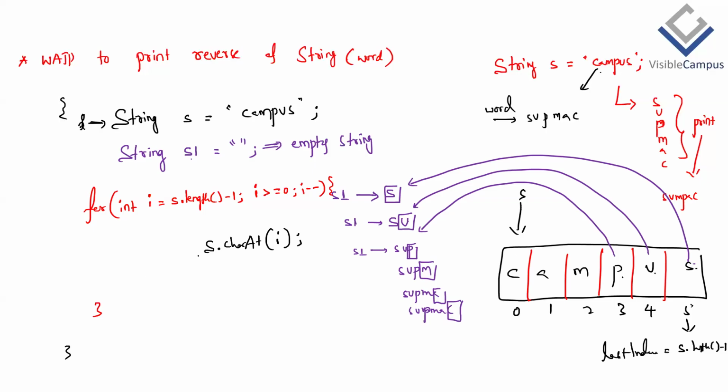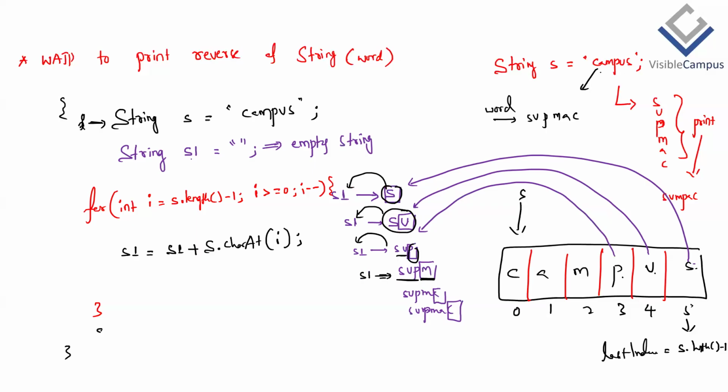What we have to do is add this to the empty string called s1 and assign this result back to s1 every time. That's what I did here. Access it, add it to s1. Access it, add it to the previous s1 and make it s1 again. Access each character, add it to the previous s1 and make it s1 once again. This is the process which will happen.